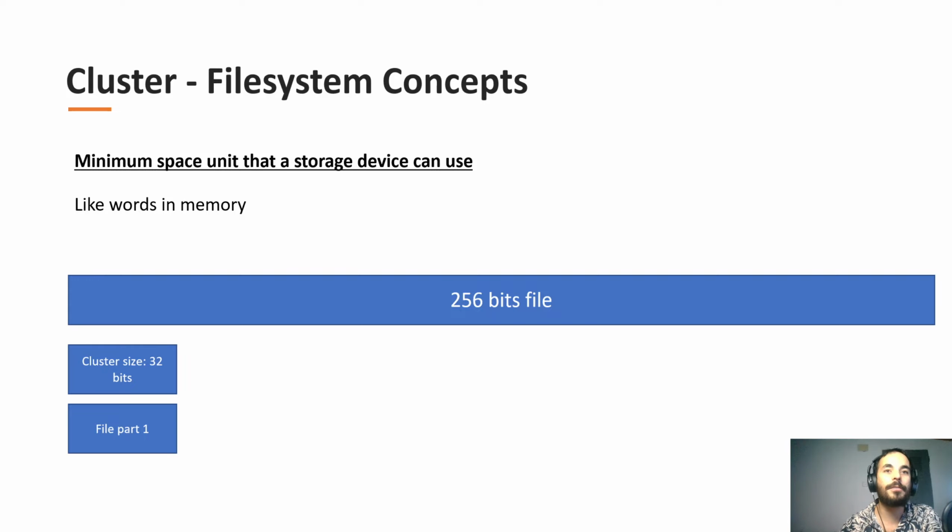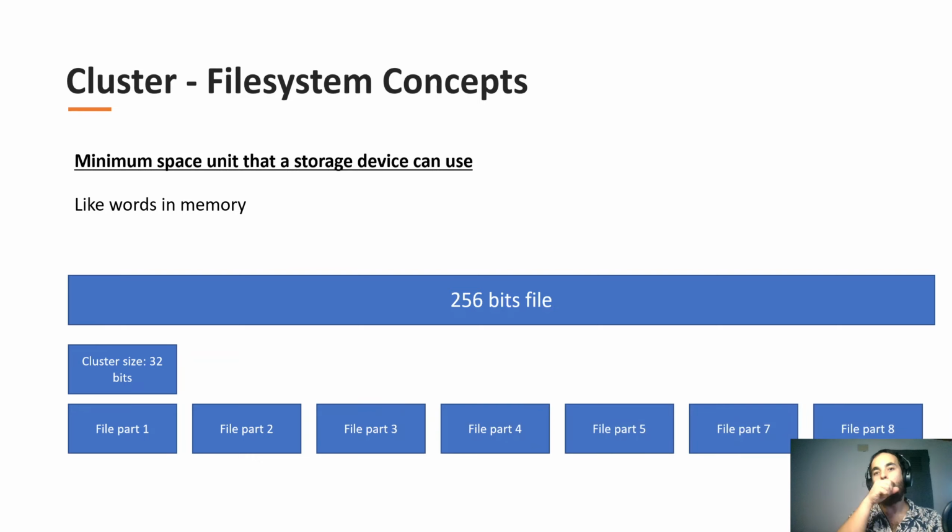So you are going to have one part of the file somewhere in the storage, another part somewhere else, you don't know where, and the other 8 parts. So basically that's super easy. But what happens if the file is 200 bits and the cluster is exactly the same?